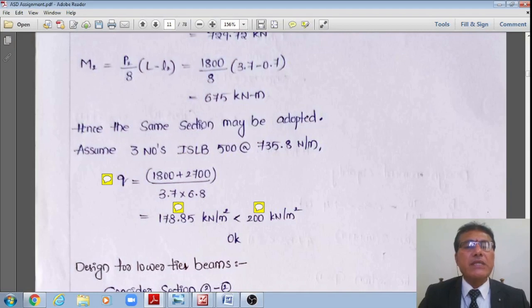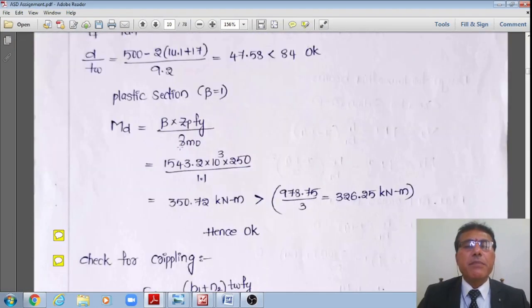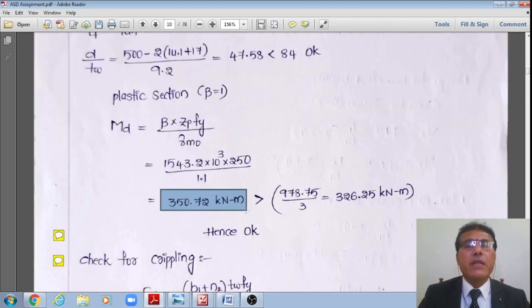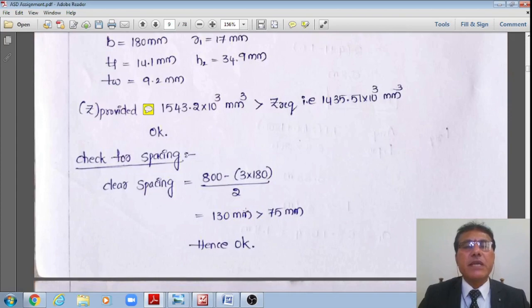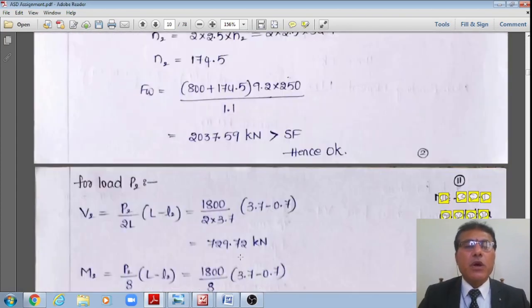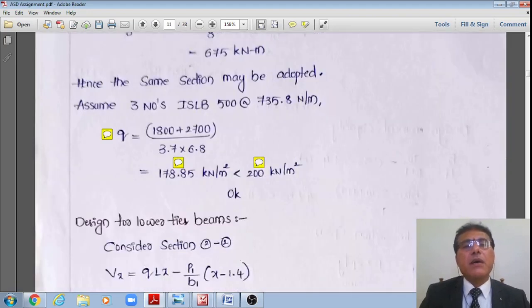However, we already designed the previous section. Let me see what bending moment the previous section could resist, which is 350.72. Therefore, I want to proceed with the same section, ISLB 500. If you want to optimize, you can do another loop and use a lower section, but I don't want to optimize now.